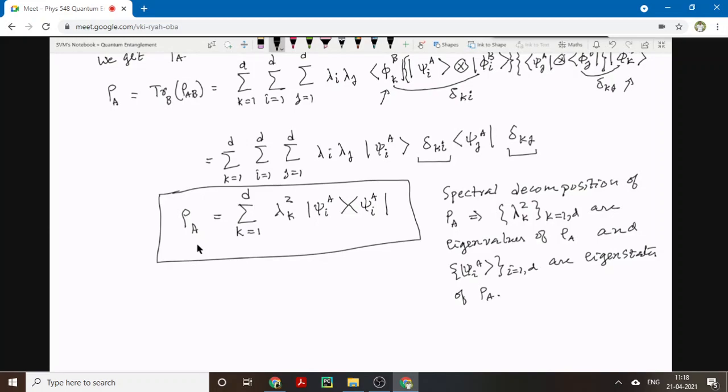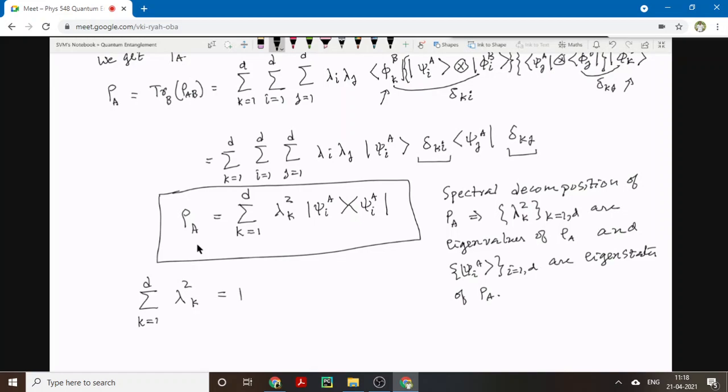So any operator can be written in terms of its eigenstates and eigenvalues. So this is called the spectral decomposition. Now, what can we say about this? That is, let's say I have sum over K is equal to 1 to D lambda K square.